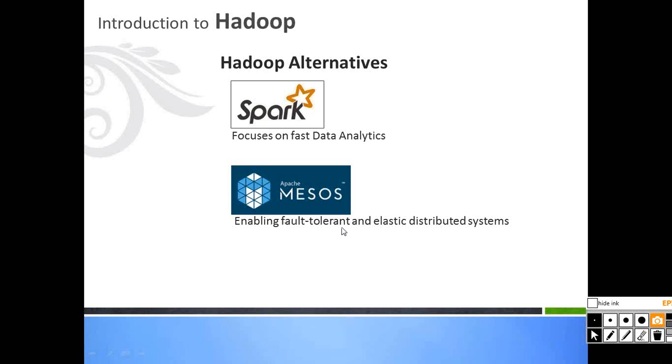That will be meaningful to you once you understand the Hadoop architecture and the Hadoop subsystems. Otherwise it will be confusing at this point.